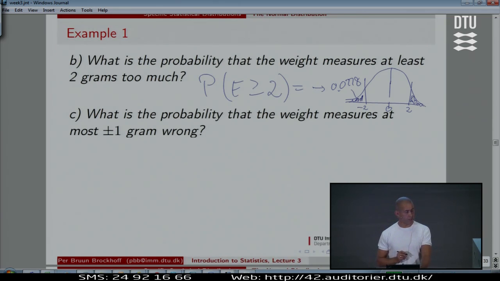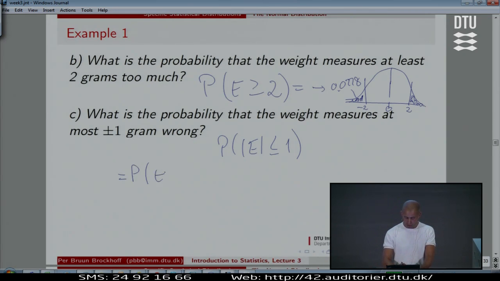What is the probability that the weight measures at most 1 gram wrong? I think within plus minus 1, I would say. That's my question here. Different things we can do.